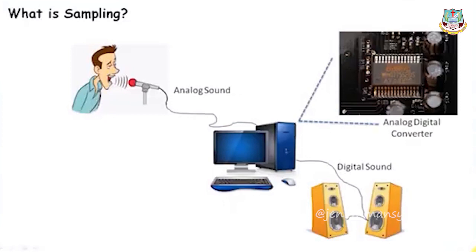When you record your voice in the mobile, it converts to digital audio. Other than that, if you talk to someone who is near you, then that audio is analog audio. The sound which you hear in the computer will be digital.